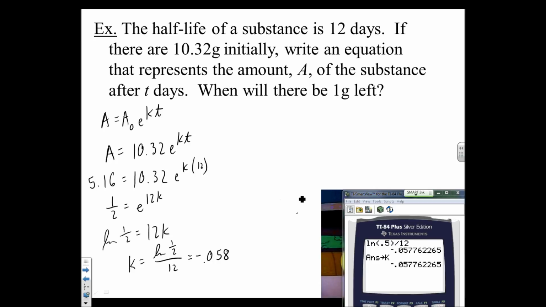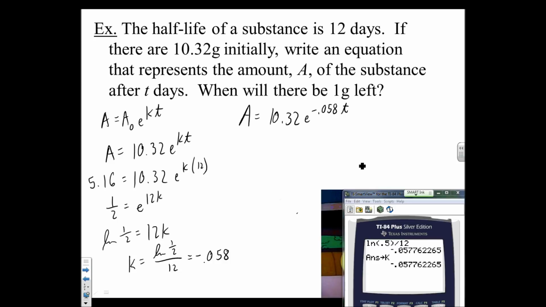All right, but my point is the problem says write an equation for A. You need to write A equals 10.32 e to the negative 0.058t. I need to see that step. No matter what else you're asked to do, this problem asks you for two answers. One of your answers is that equation, and I need to see it.